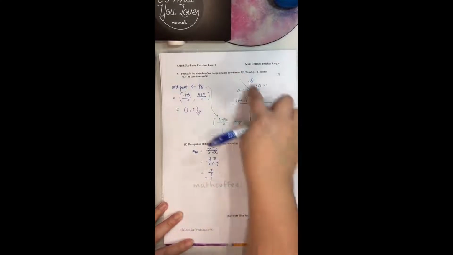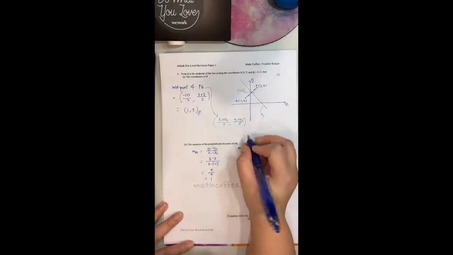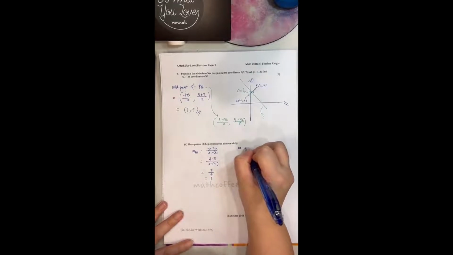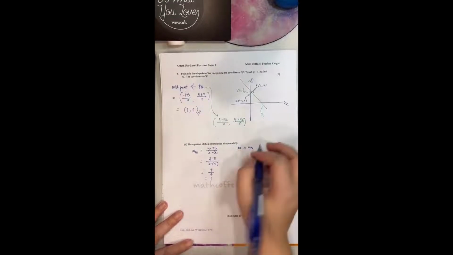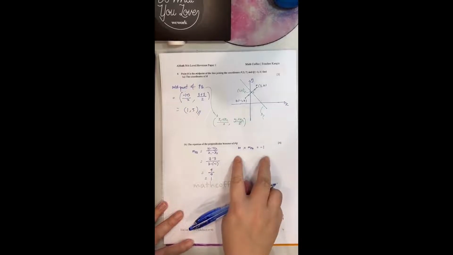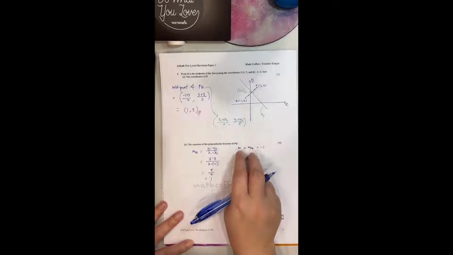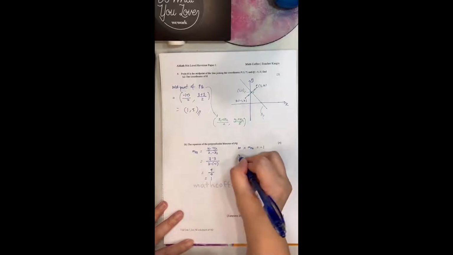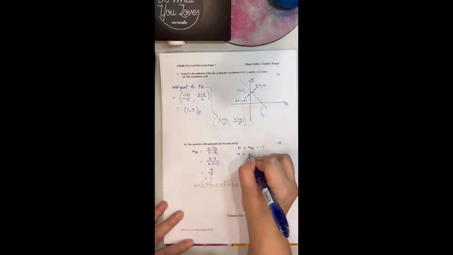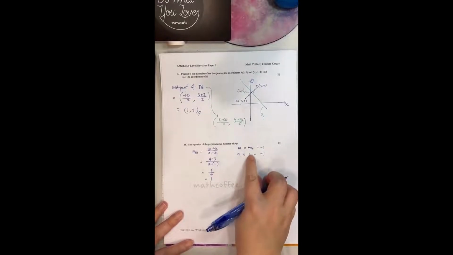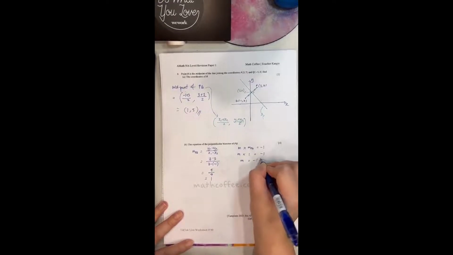Next, because I need to find the gradient of the green color line, gradient times gradient PQ, since they are perpendicular, equals negative 1. So you need to know that when two lines are perpendicular to each other, their gradients multiply together to give negative 1. So m times 1 equals negative 1, so m is negative 1 divided by 1.